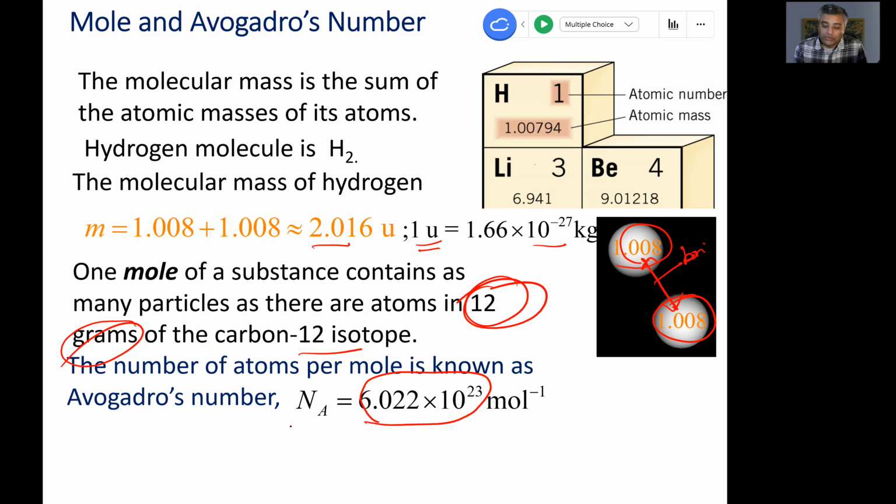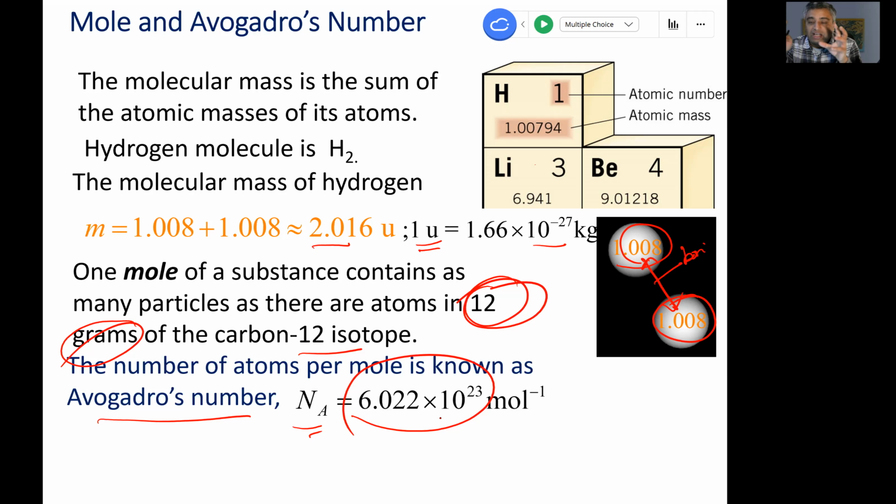We call that the Avogadro number, and we call that amount a mole of carbon. So whatever mass we have of that many corresponding atoms or molecules, that amount is 1 mole. This number is fixed.